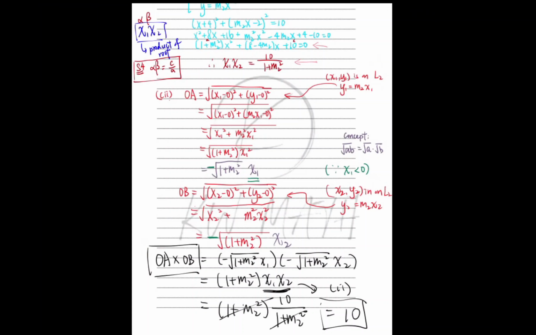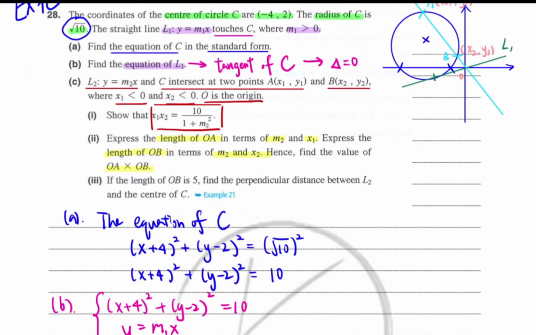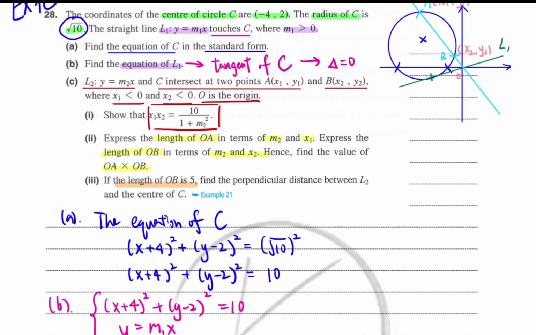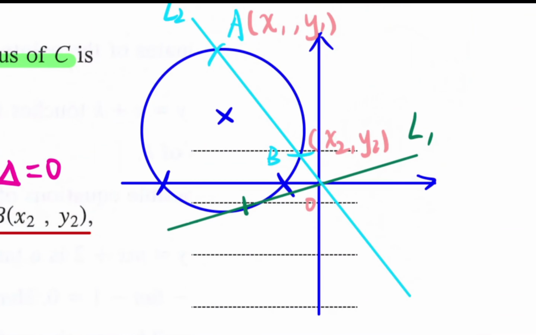Final part. So you have the length OB is 5. So we can mark it down. So maybe you need to zoom in a bit. So if I know OB here is 5.